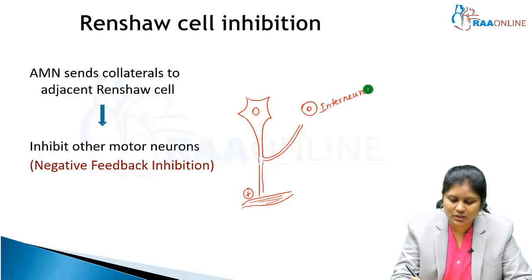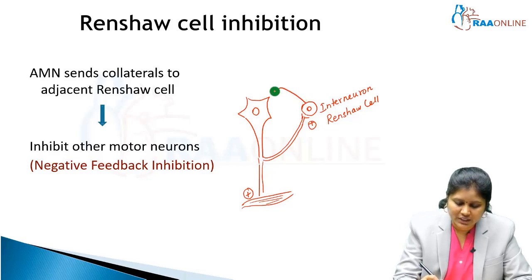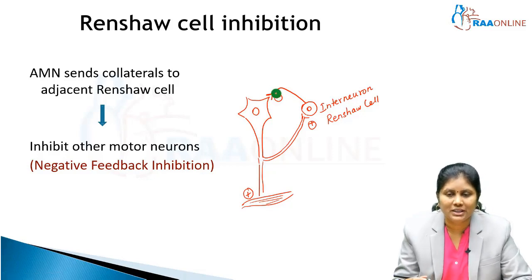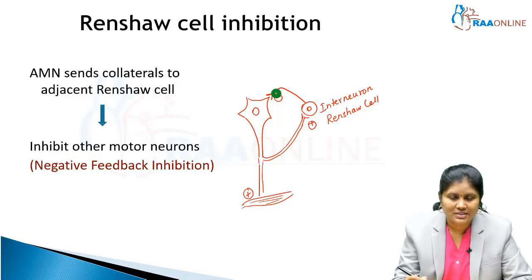This interneuron is also called the Renshaw cell. When the alpha motor neuron stimulates the Renshaw cell, the Renshaw cell will go and inhibit the alpha motor neuron. So it is nothing but a negative feedback inhibition. I'm telling you about this because the Renshaw cell is an interneuron, and this is an example of how an interneuron works in the anterior horn of the spinal cord.